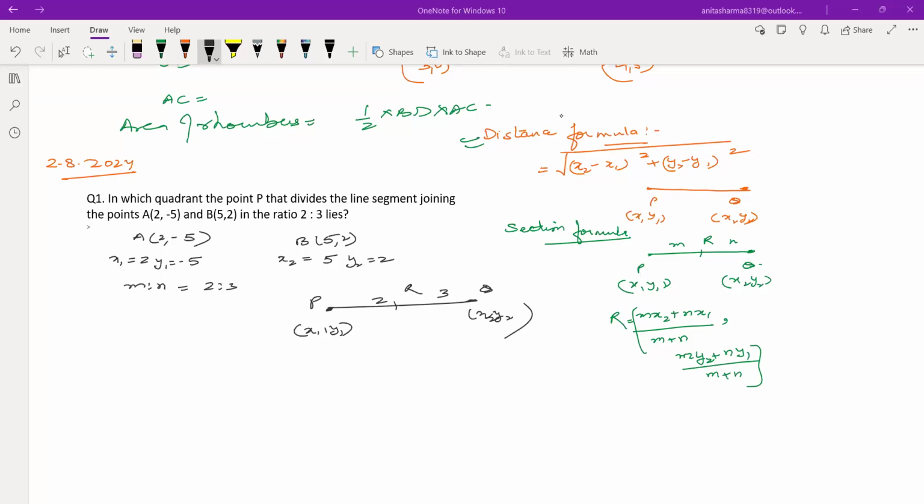Children, are you solving this question? Does the point lie on the fourth quadrant? Fourth quadrant, okay. What is your answer, Moksha? 16 by 5 and 11 by 5. Okay, I will check it.